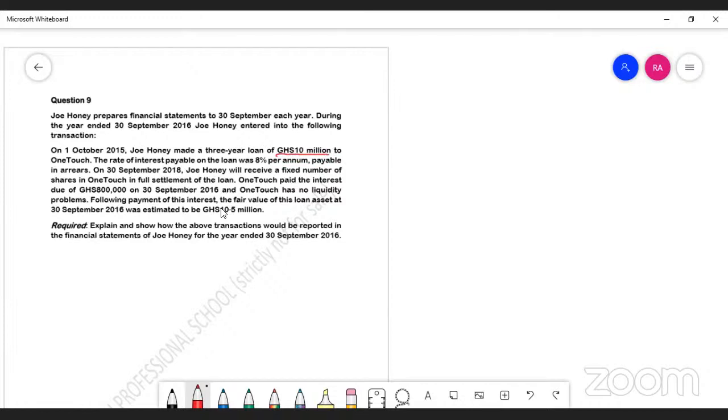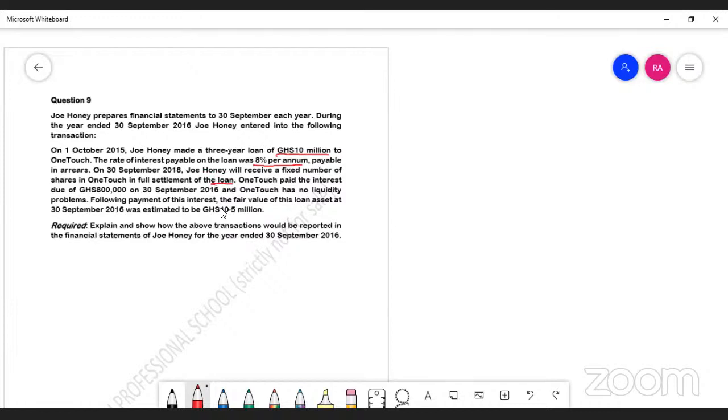The rate of interest payable on the loan was 8% per annum, payable in arrears. On 30 September 2018, Johanny will receive a fixed number of shares in One Tax in full settlement of the loan. It means that Johanny is not expecting anything in cash.